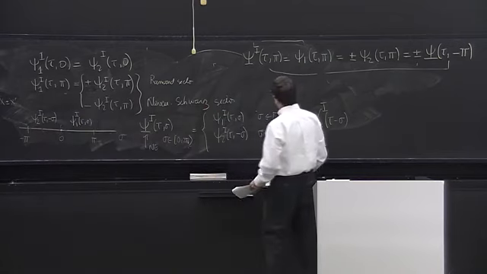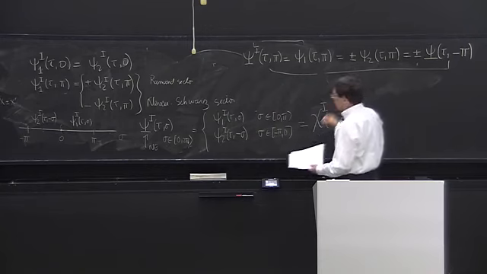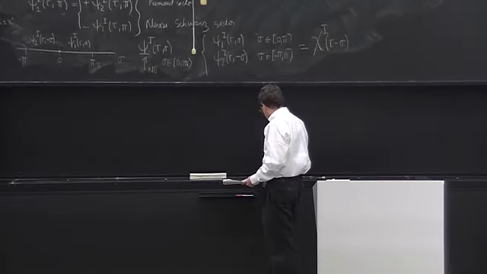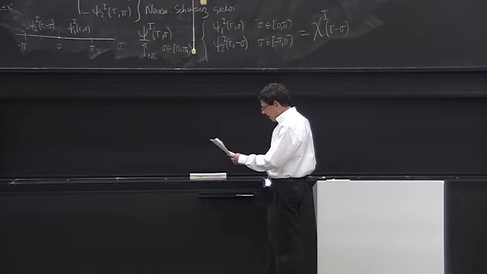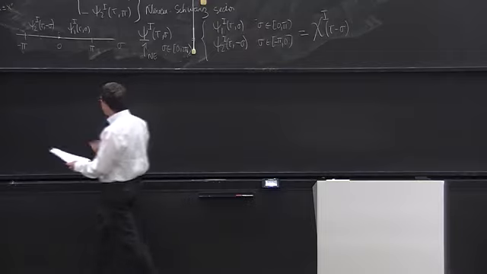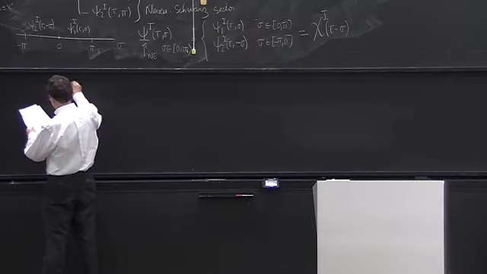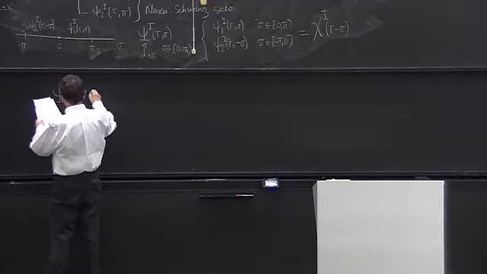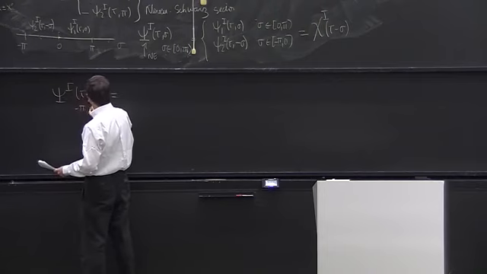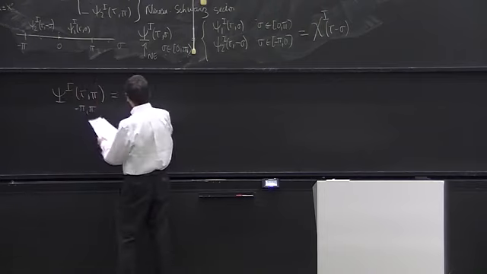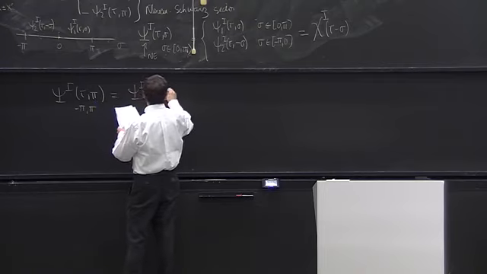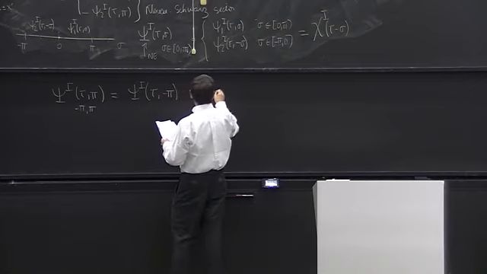So at the end of the day, and now it's the last line I'm going to write, but it's the end of the story and sets up well for tomorrow: psi I of tau pi, this field that lives from minus pi to pi, equal to psi I of tau minus pi gives you the Ramond sector.